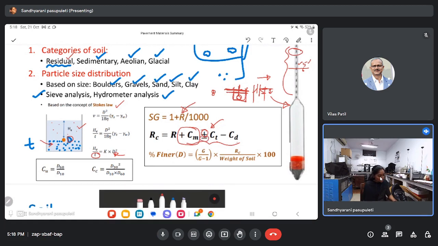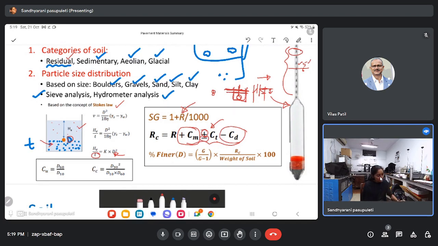In a similar way, for the dispersing agent also, if we add the dispersing agent, what happens? Density would be increasing. If we have normal water and add salt to that, the density of that water would be increased. If the density is very high, then the hydrometer would be floating. It will not be sinking.